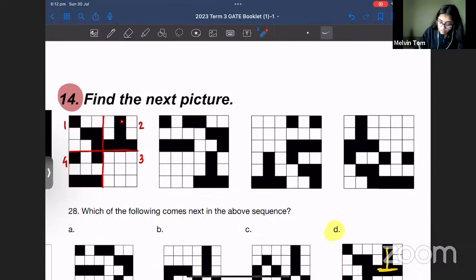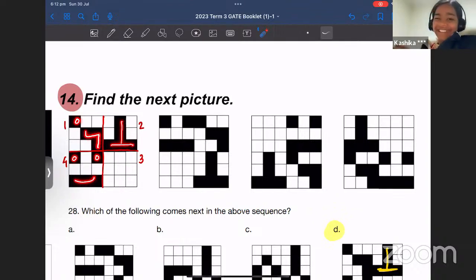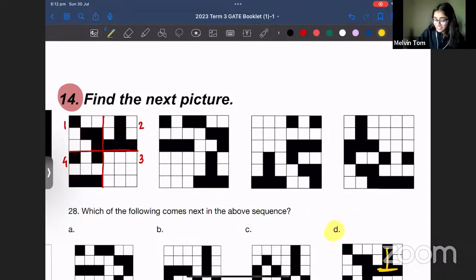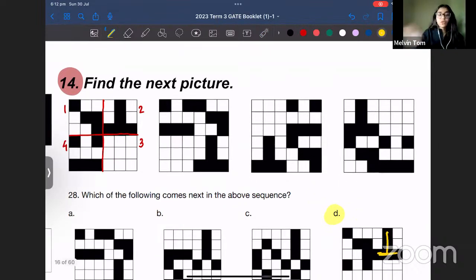Now let's look. Here there's an upside down T. Here there's a smiley face. And here there's this weird sleeping standing man. Okay. It's very good. Now, let's just focus on the upside down T. So in image 1, the upside down T is in box number 2.